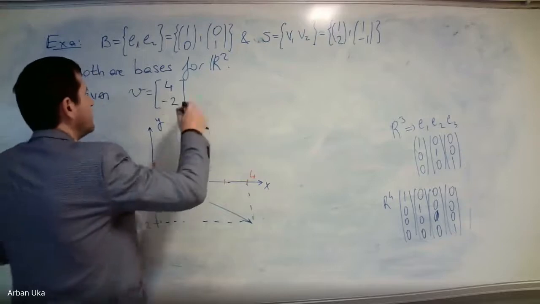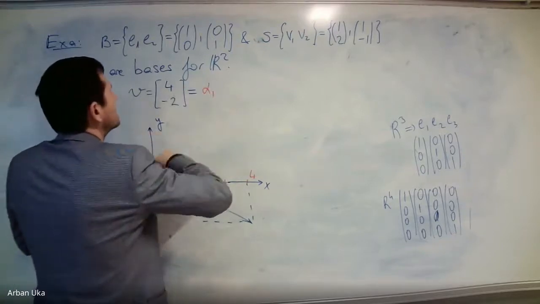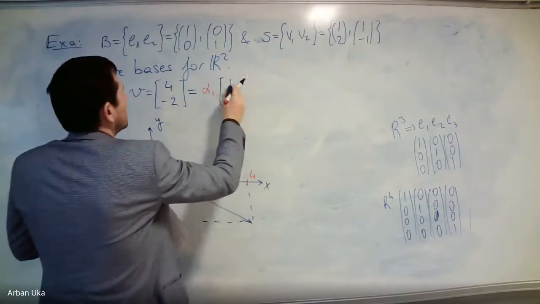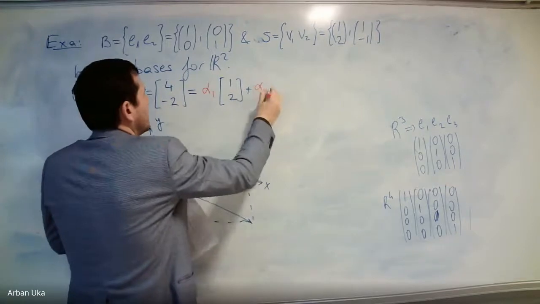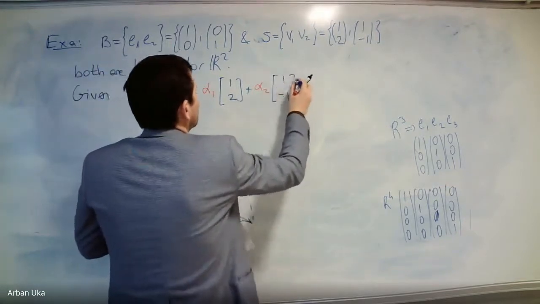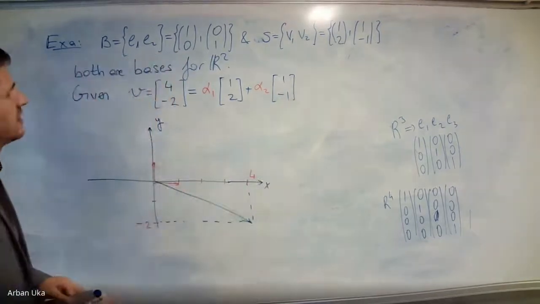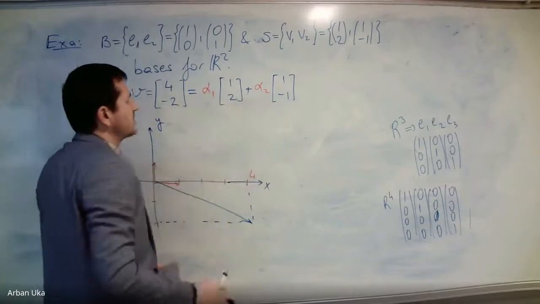We said, can we write this one as alpha 1 times (1, 2) plus alpha 2 times (1, -1)? Esther told us that we can do it because these two columns can serve as a basis.